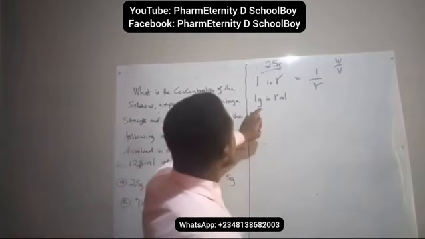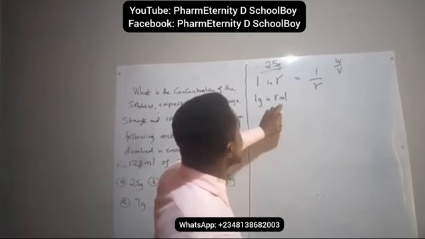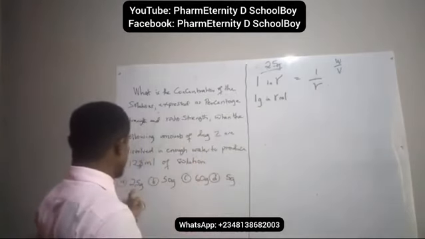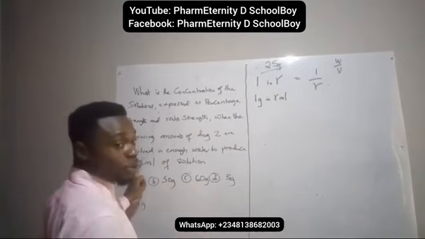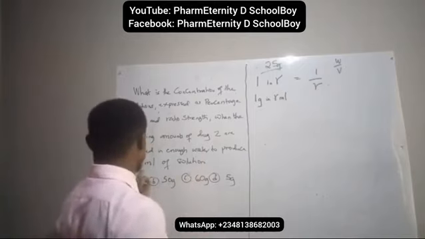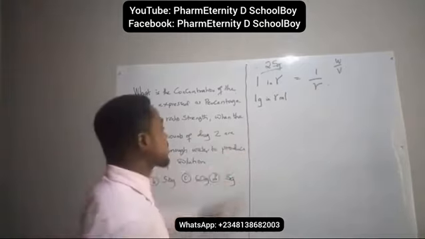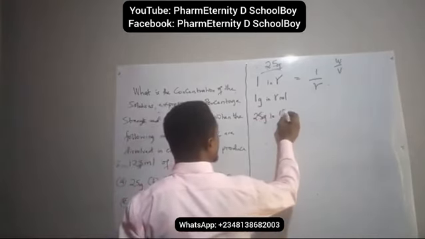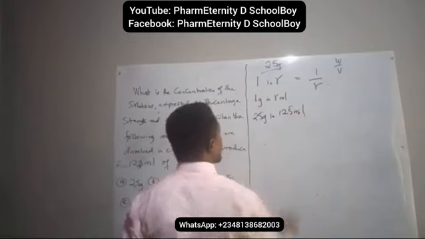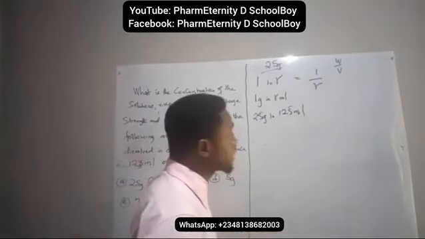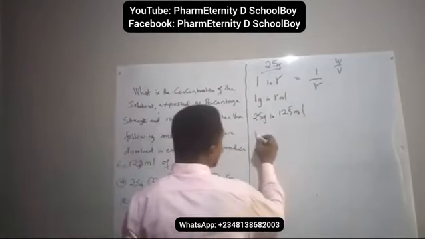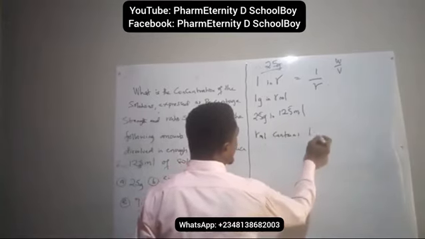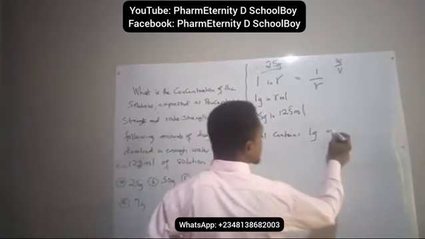Now, 1 in R ml. This 25 and 125 ml can be represented in this form: 25 gram in what? 125 what? ml. So what it implies is this, that R ml contains what? 1 gram of what?